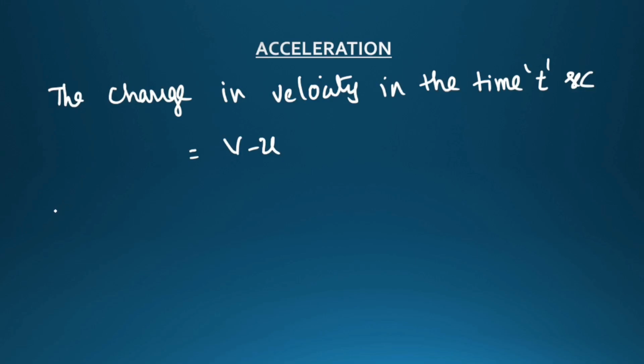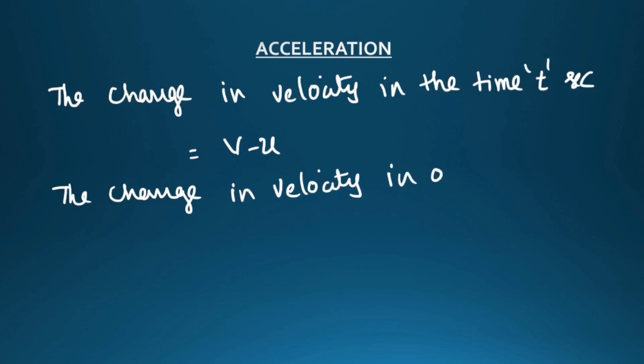Now what is the change in velocity in 1 second? The change in velocity in 1 second, which equal to v minus u by t.